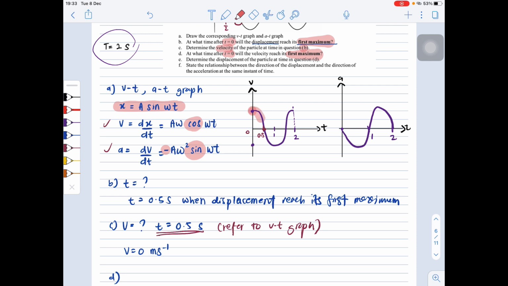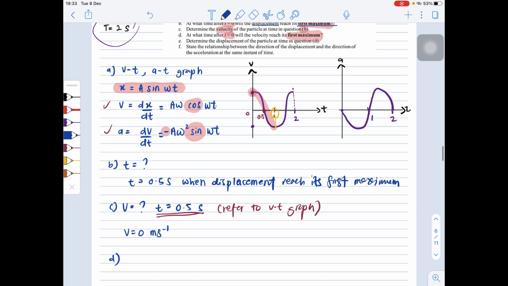So it goes down, and then dia sampai ke 0, and then sampai lagi ke first maximum dekat sini. So first maximum dekat sini, which is this point here. So dapatlah value of t, which is equal to 1 second, when velocity reaches its first maximum.